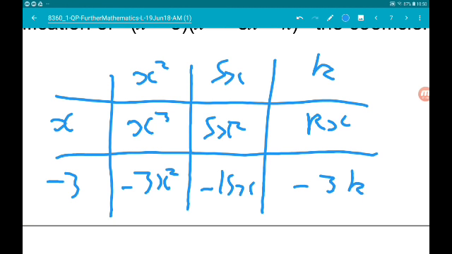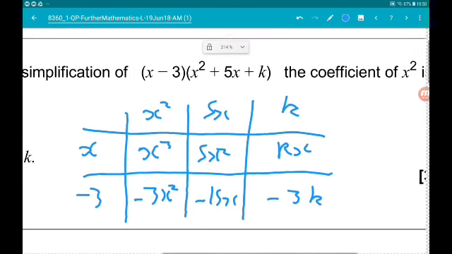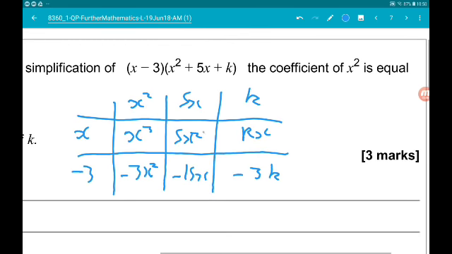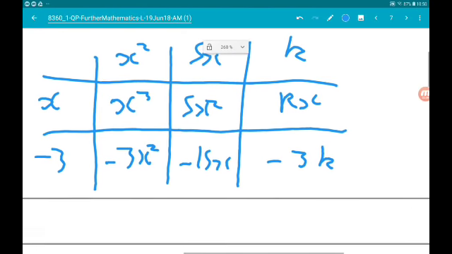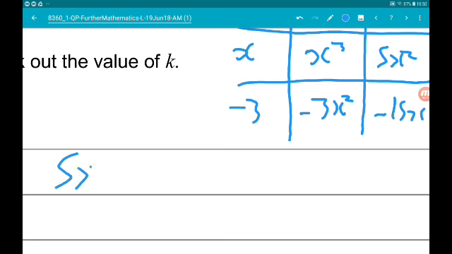Now, we don't need to take all of that out of the table. We are only interested in the x squareds and the x's. So, the reason for that is because we are told the coefficient of x squared is equal to the coefficient of x. So, we know then that we have 5x squared minus 3x squared, and that is 2x squared.